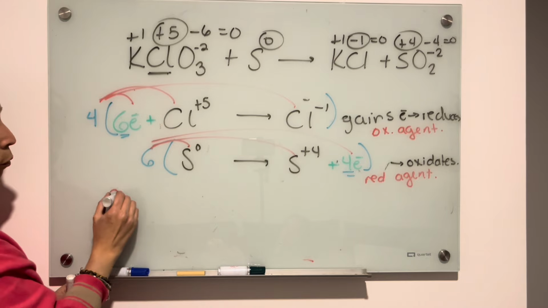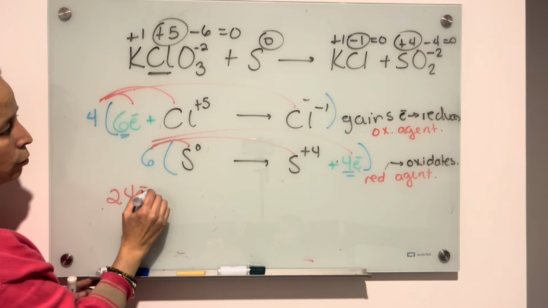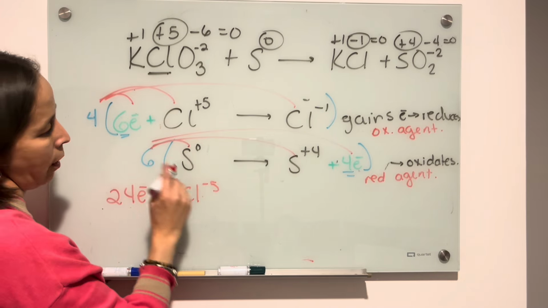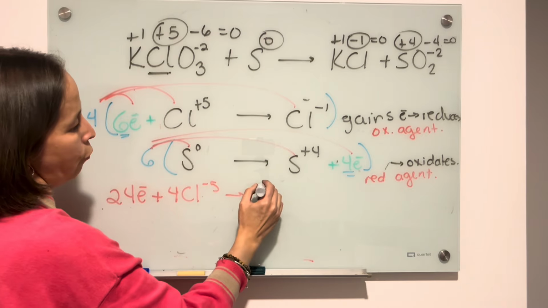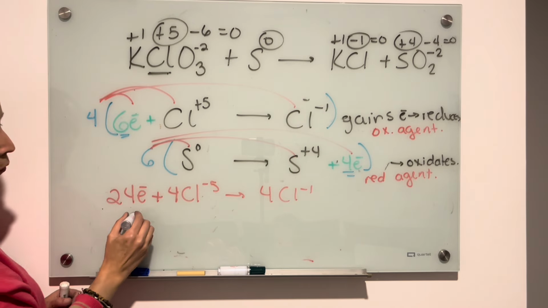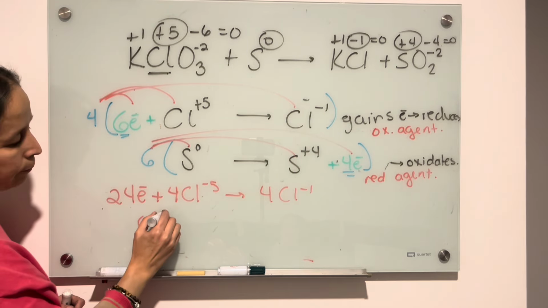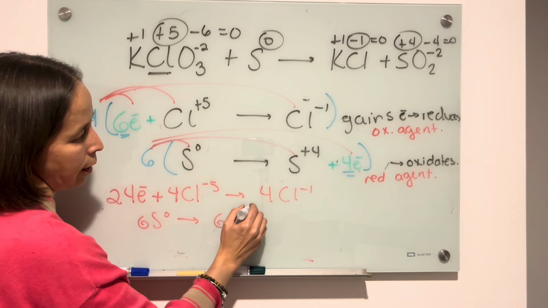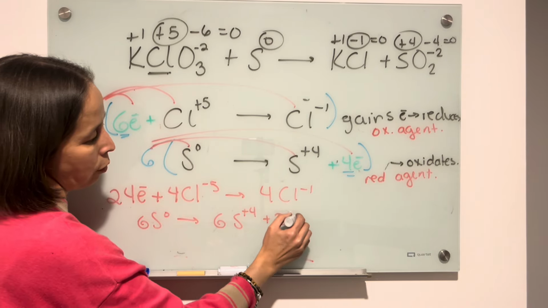So we have here 24 electrons plus 4 chlorine and 4 chlorine -1. And in this case we have 6 sulfur, and we have 6 sulfur in this side, plus 24 electrons.